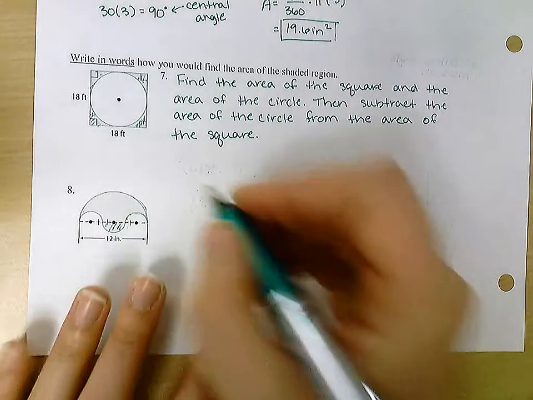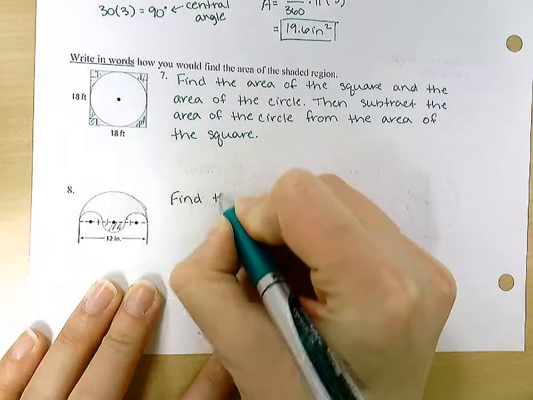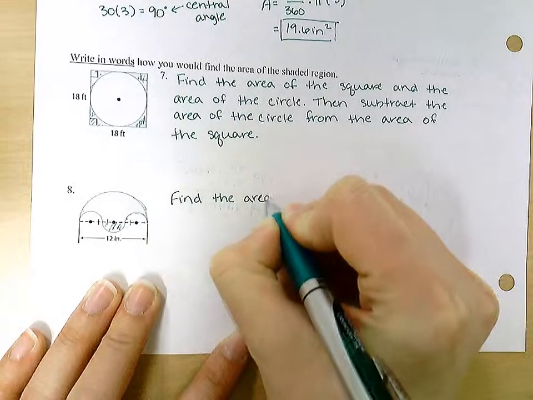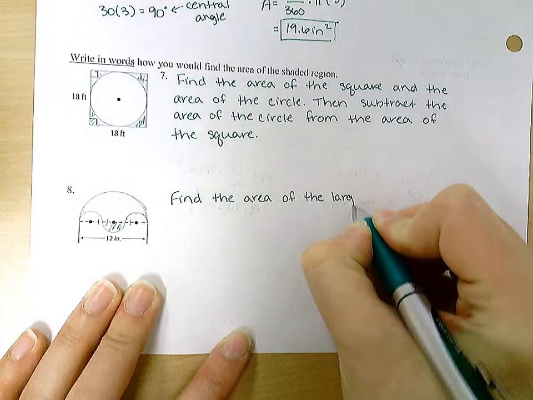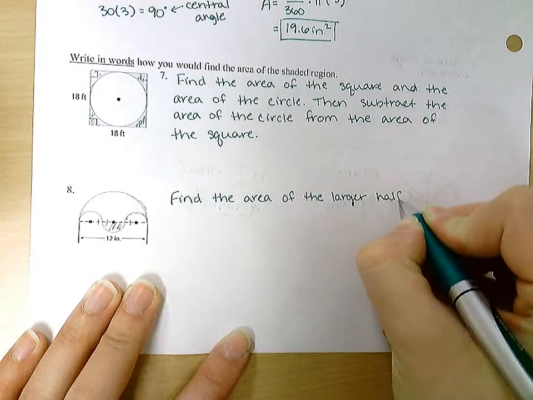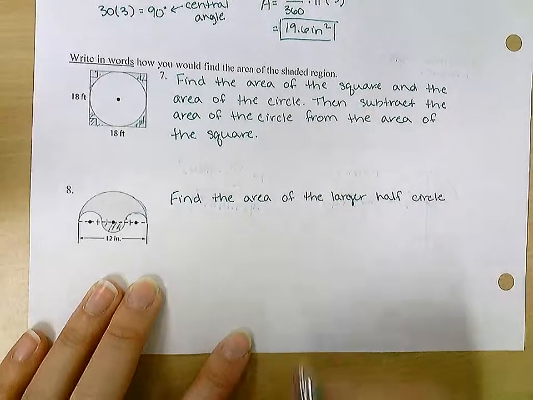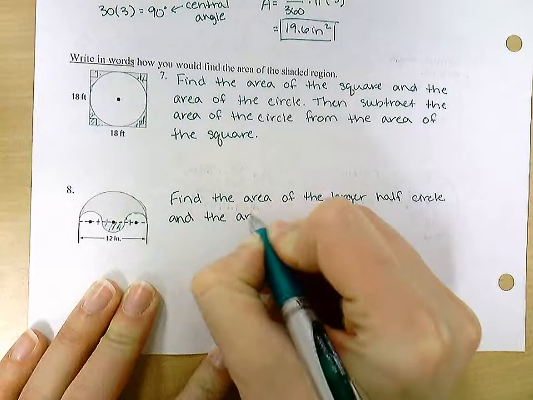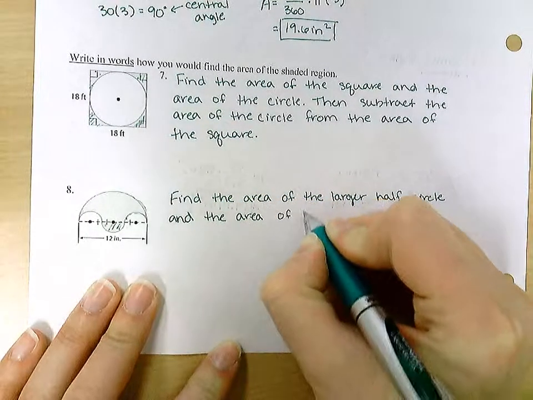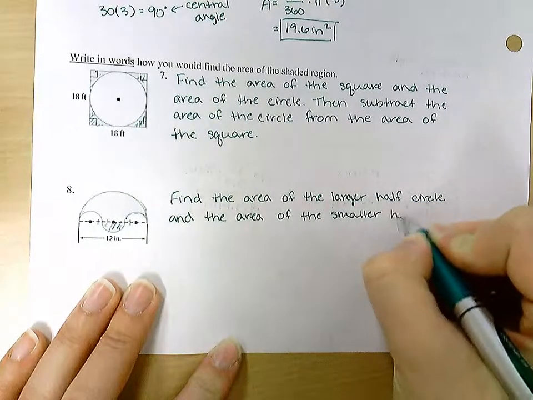Okay, so in words, find the area of the larger half circle and the area of the smaller half circle.